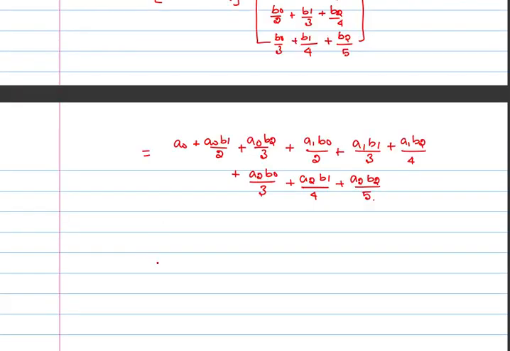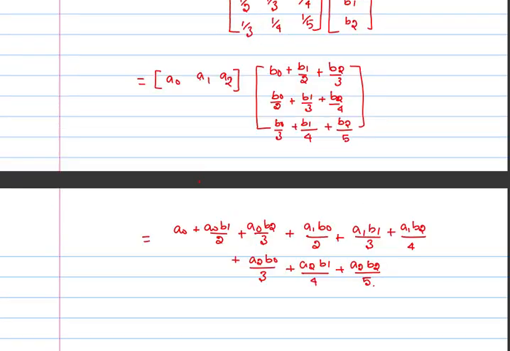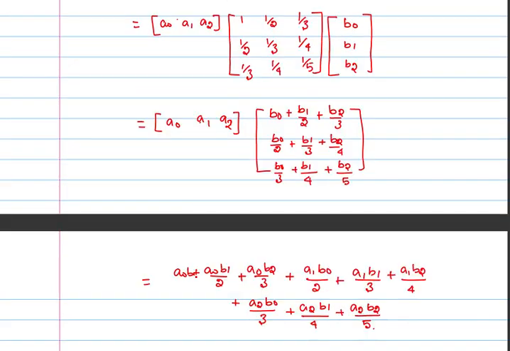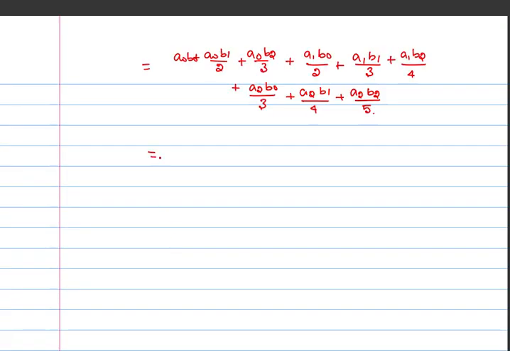Now look at the coefficients. A0 times B0, I missed that here. So the first term is the coefficient A0 B0, plus 1 over 2 times A0 times B1 plus A1 times B0. So these two terms are over.